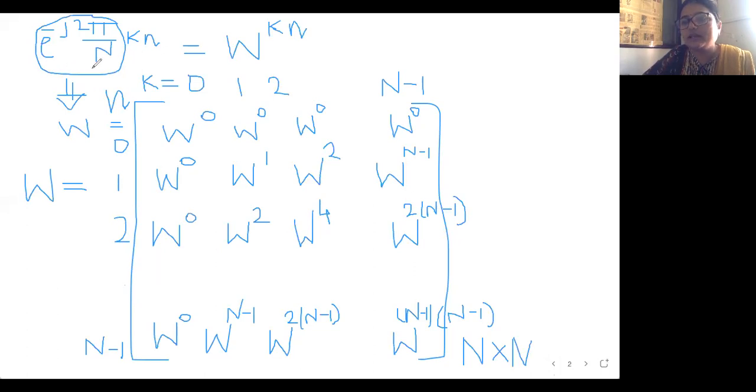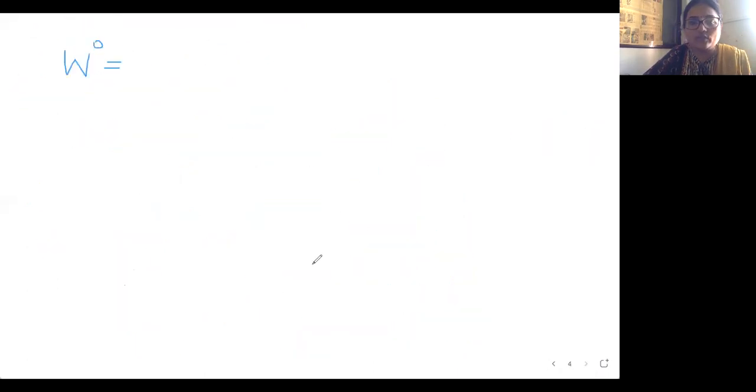W is e raised to minus j 2 pi upon N. So this is the value of W raised to 0, which means kn is 0. So here we will write e raised to minus j 2 pi, capital N is 4, multiplied by 0.